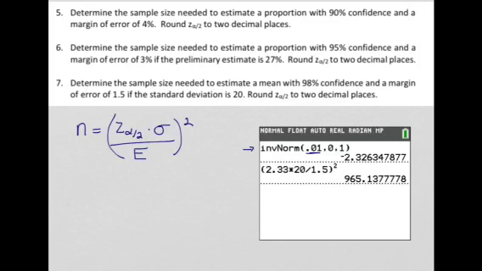So our z value is 2.33. So we use that 2.33 times sigma divided by the margin of error. Notice that we don't have to change that to a percentage this time. Square the whole thing, and we get 965 and change, which means 966. So that's how to do those sample size problems.